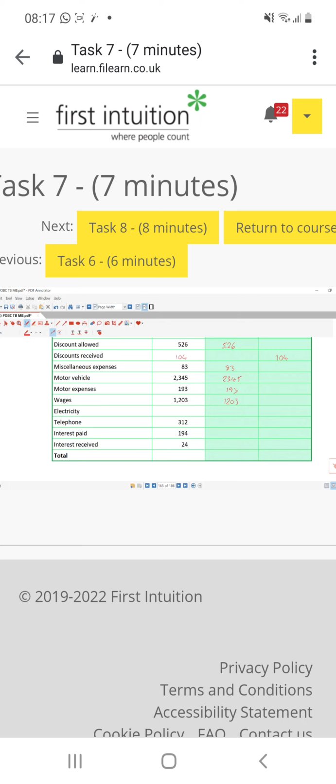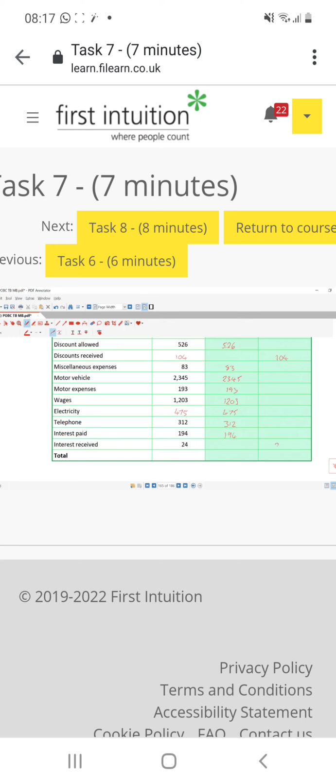And for electricity as well, all the same, these are just all different types of expenses here, so that was 475. Telephone, again another type of expense at 312, and interest paid as well, the exact same. All that we must remember then is that for our interest received, this is again another form of income, so we'll be on the credit side at 24.